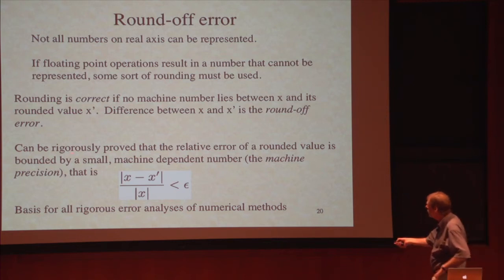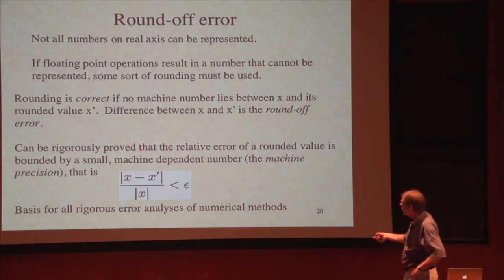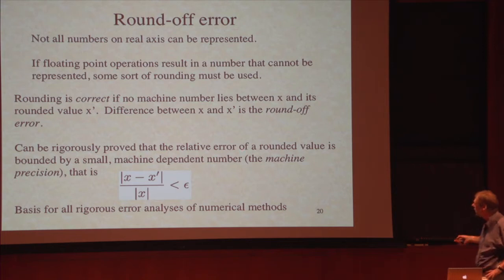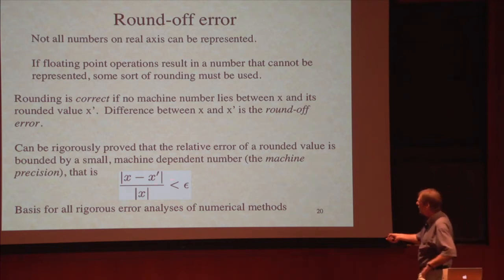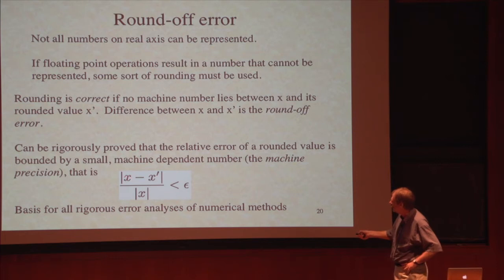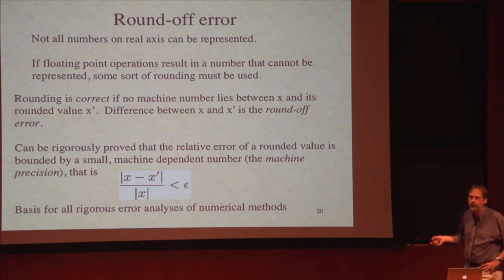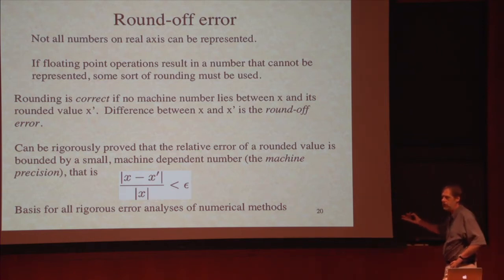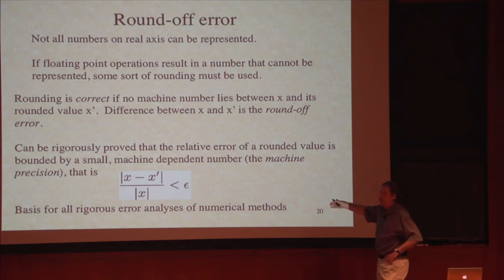But the important point here is that it can be rigorously proved that the relative error of a rounded value is always bounded. It's bounded by a small machine-dependent number called the machine precision. That is to say, the difference between the true solution and the rounded solution, normalized by the solution, is always less than epsilon. And if this fact were not true, computers would not be useful for doing rigorous mathematics.